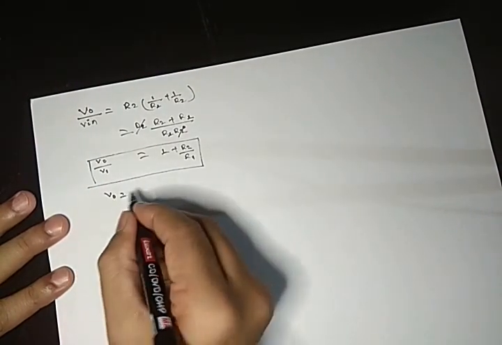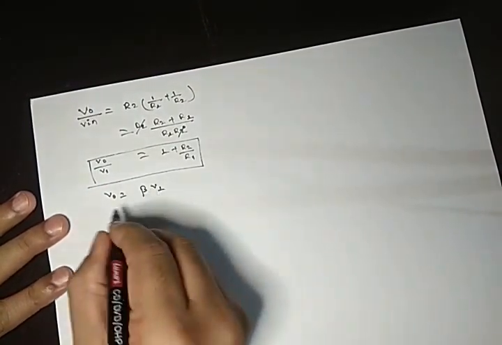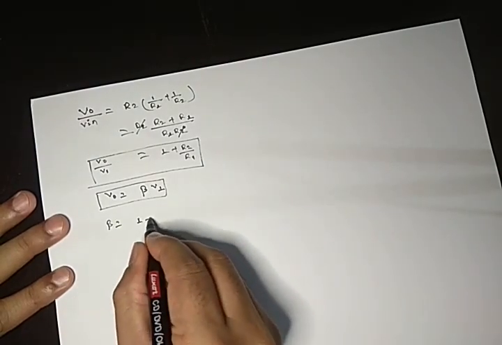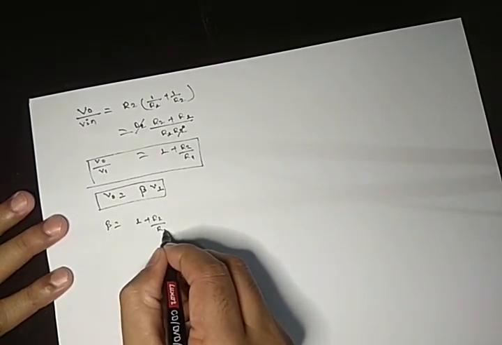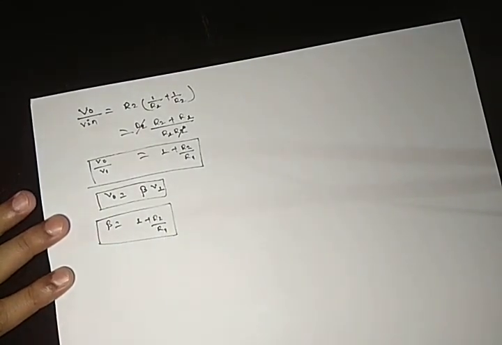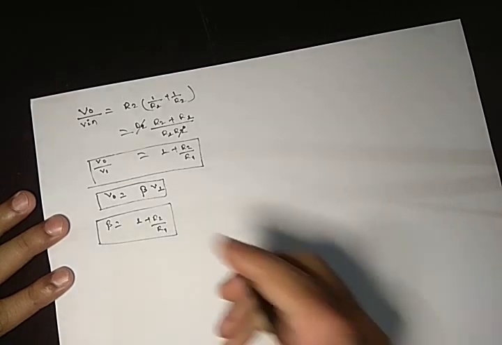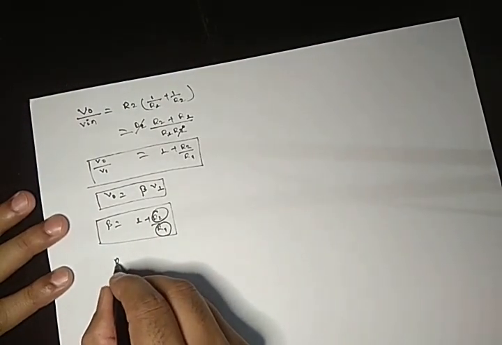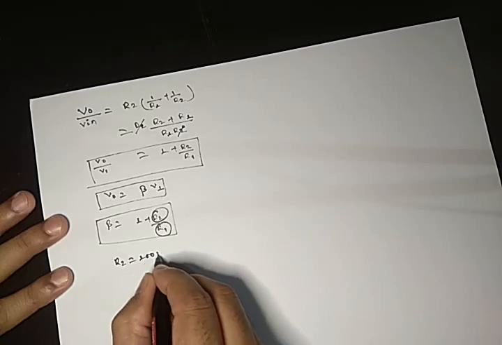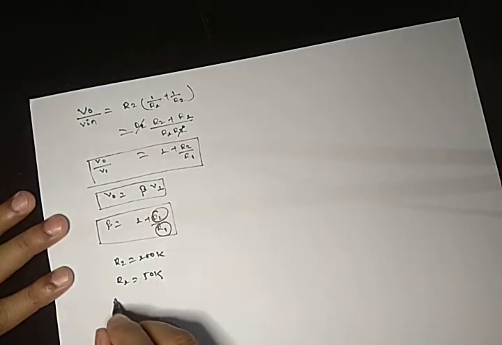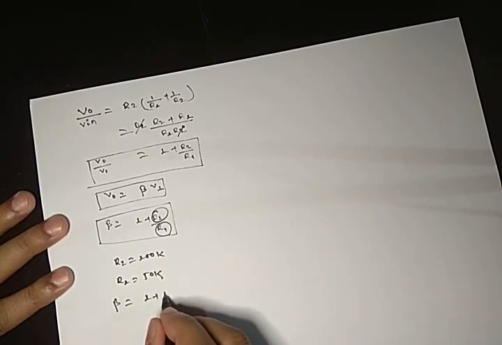Now V0 is nothing but beta into V in. Here beta is 1 plus R2 by R1. So we can control our beta by changing R2 and R1. If we keep R2 as 100K and R1 as 50K, then beta will be 1 plus 100K by 50K.